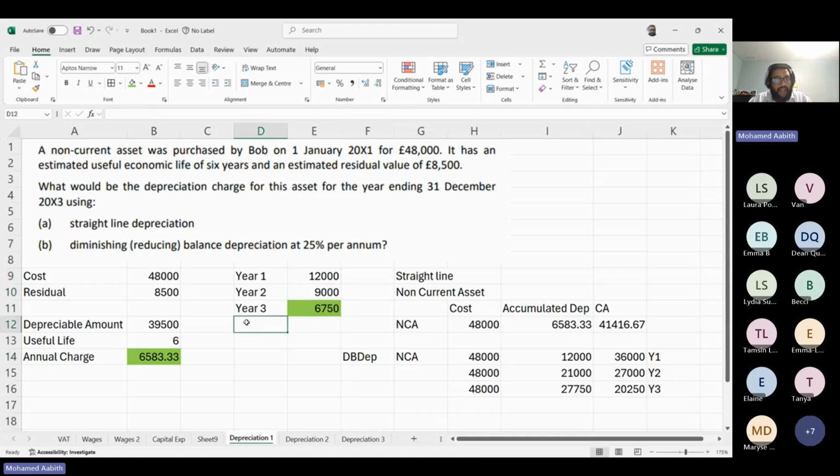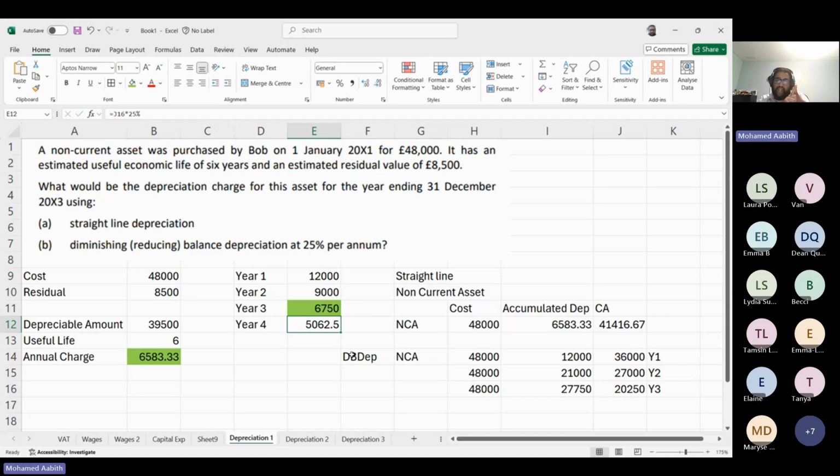It comes down further. Let's see if I want to do a year 4. What will be my depreciation charge? Can you see here? This amount times 25%, which is going to be 5,062.50. And so on, you start losing the value going down the line. Okay, this is how the depreciation calculations work.